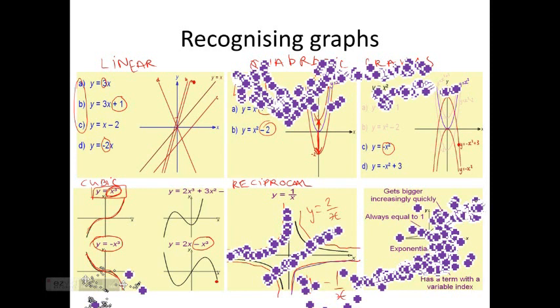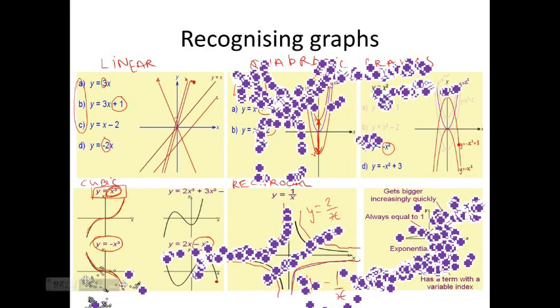But something has happened to it that made it move up the y-axis. I definitely know it's going to start as y equals x squared something. The second equation is y equals x squared plus 4. There's nothing else that starts with x squared plus 4, so A is that quadratic, y equals x squared plus 4.